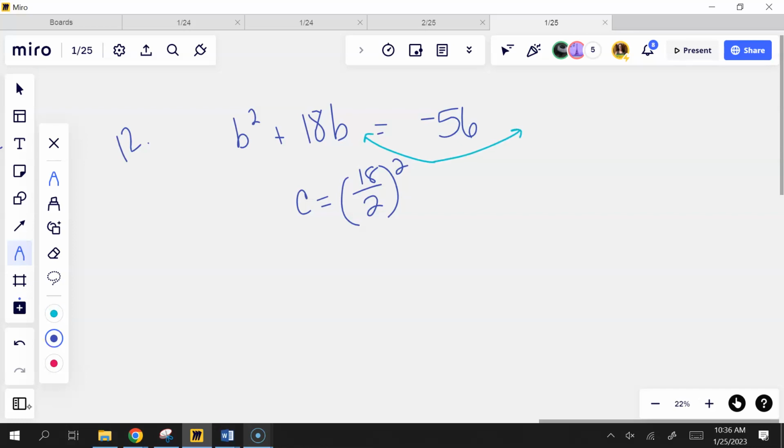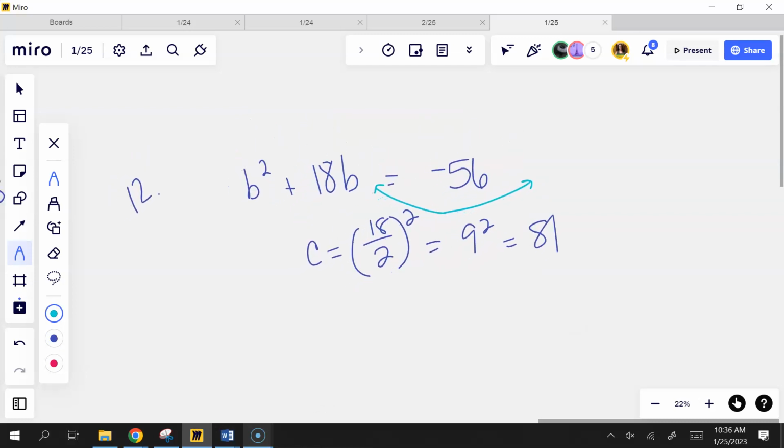So this is going to be 9 squared, which is 81. The equation to find a good C, that cheat code Hank was talking about yesterday: we take the B, the number in front of the middle, and we divide it by 2 and we square it. That's always the formula. That's always what you're going to do.